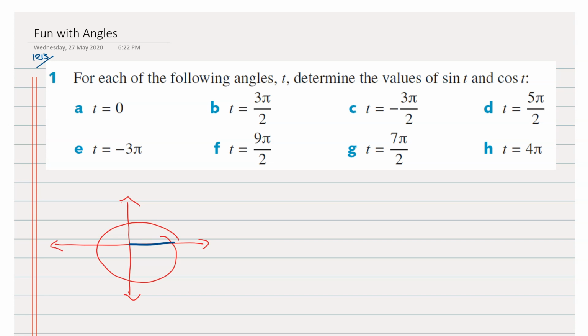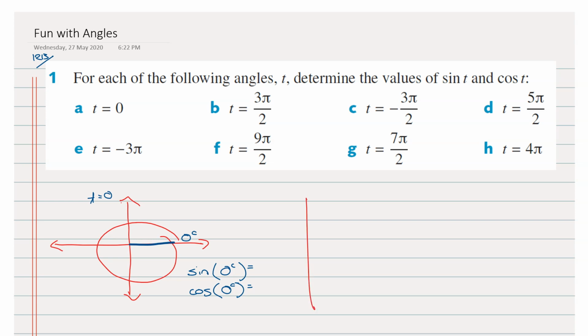This one's at t equals 0, so it hasn't even got off the start mark. It's at 0 radians. So the question is, what is sine of 0 radians, not degrees? And what is cosine of 0 radians? You can put that in your calculator and you'll be able to figure that one out.